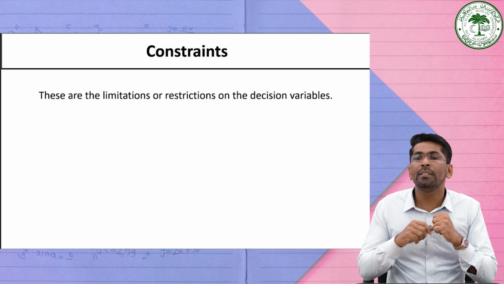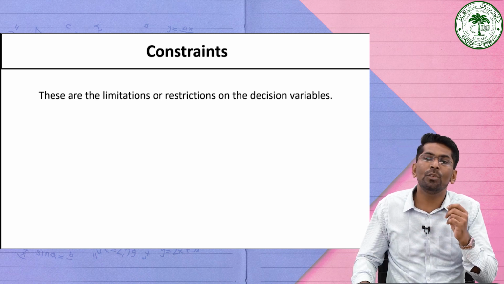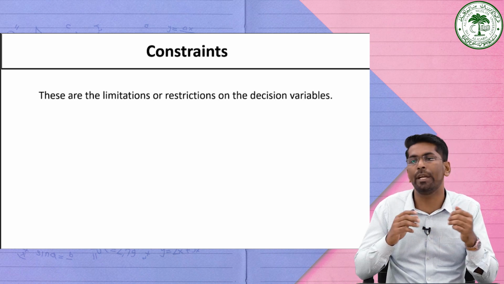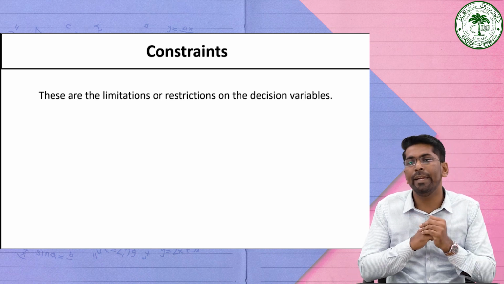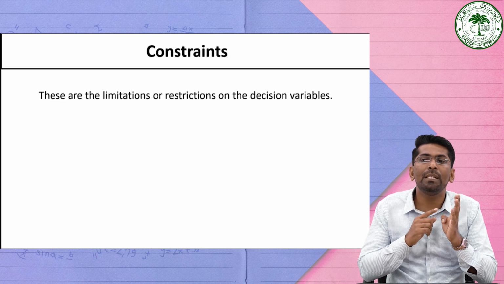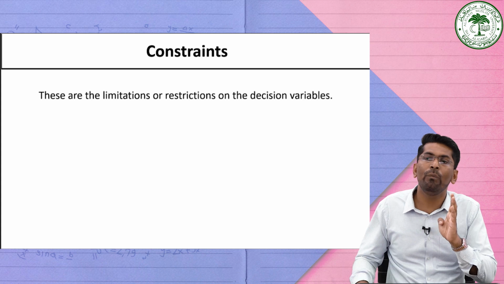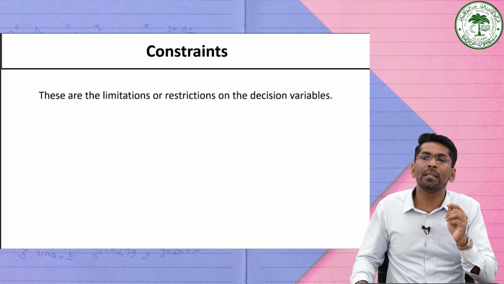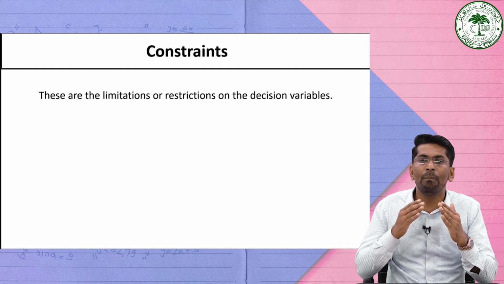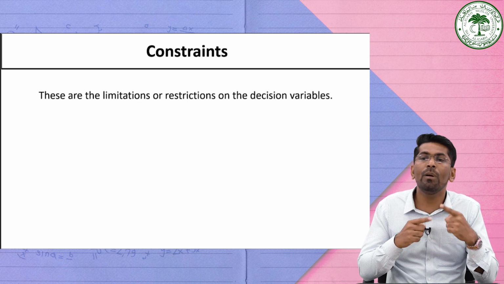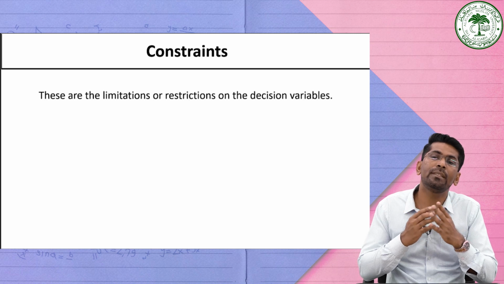For example, suppose we want to maximize consumer utility or satisfaction from consuming two commodities. In this case, the constraint may be the budget of the consumer. The budget of the consumer is limited, given the prices of the commodities. So it represents the conditions that must be satisfied in order to obtain feasible solutions.